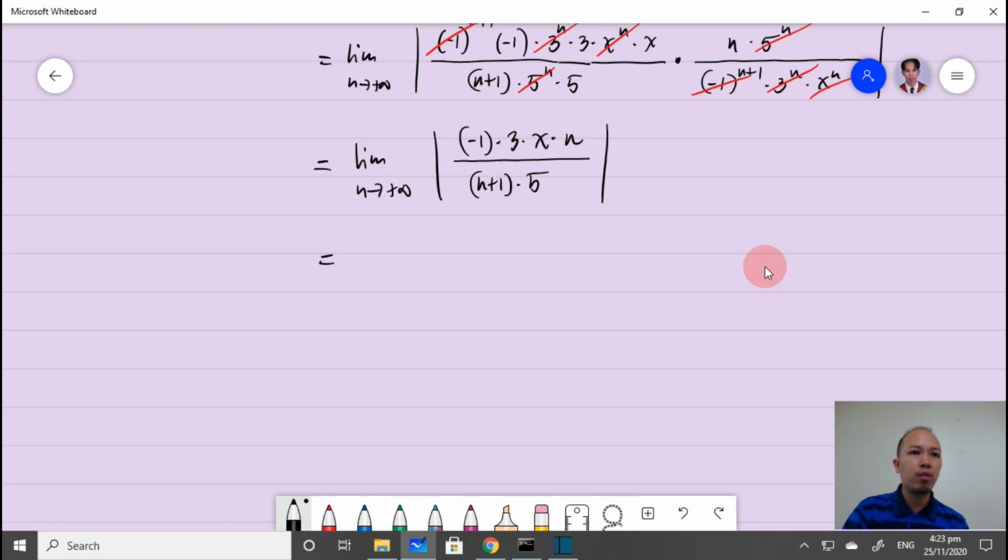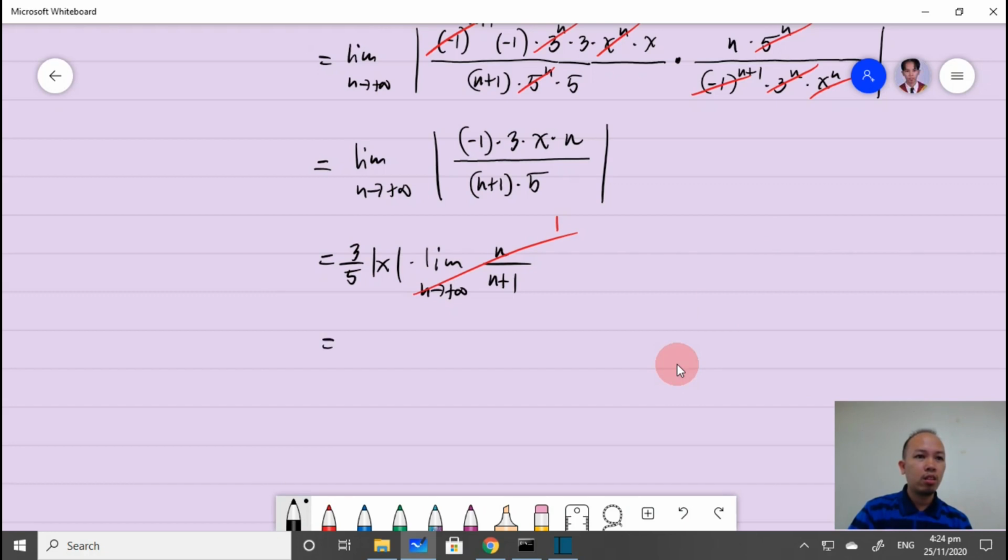So we have 3 over 5 times absolute value of x times the limit of n over n plus 1 as n approaches positive infinity. Okay, and as you can notice, the limit here is 1. Okay, positive 1. So this will become 3 over 5 absolute value of x.